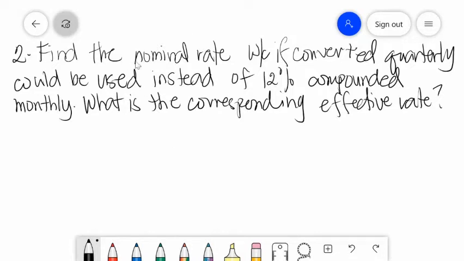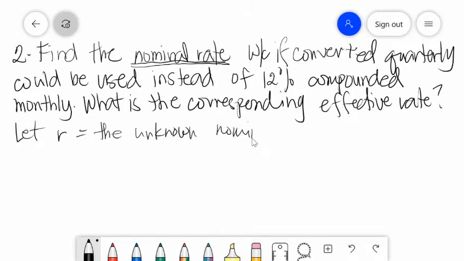So unknown is the nominal rate. Let's say let R, the unknown, nominal rate.